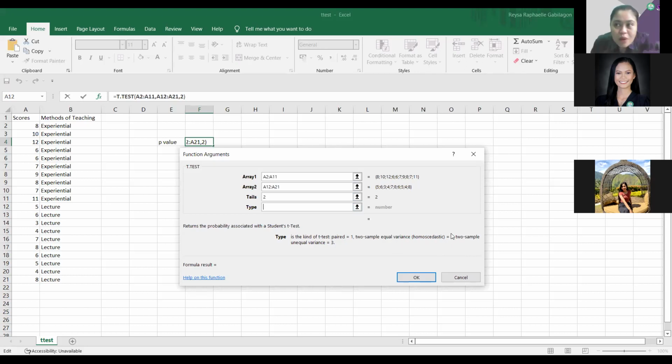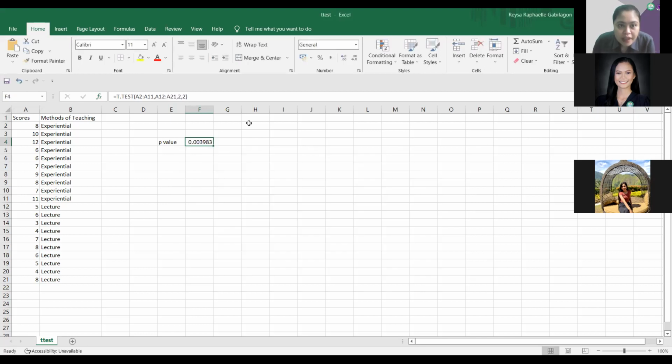Pero kung hindi equal ang variance, ita-type mo 3, this is referring to the Mann-Whitney test, yung non-parametric equivalent ng t-test. Now again, we are doing two sample t-test that are independent from each other. So type 2 there and click OK, and then automatically it will give you the p-value.